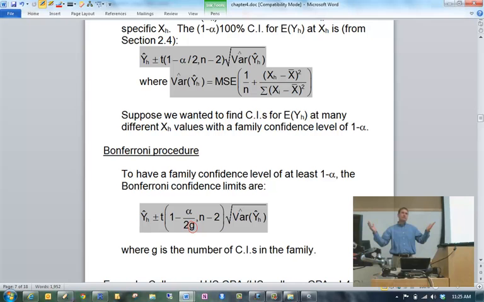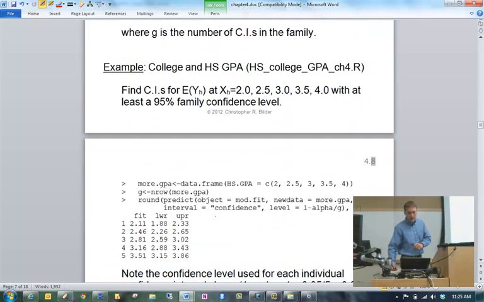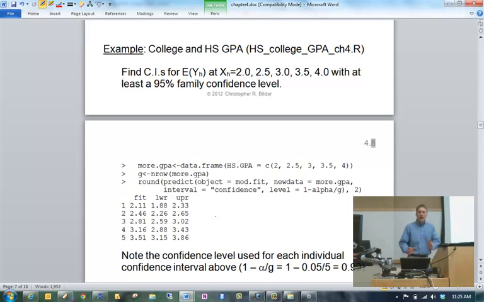That's it. G represents the number of intervals you want. So, for example, with the college and high school GPA, suppose I want confidence intervals for the expected value of y at 5 different values of x. So in this case, G is equal to 5.